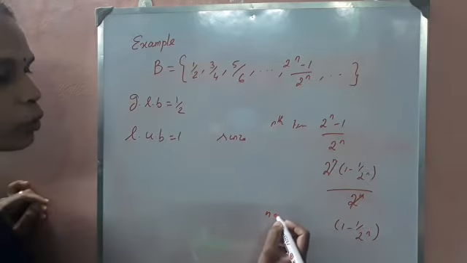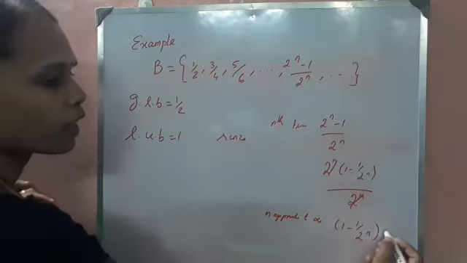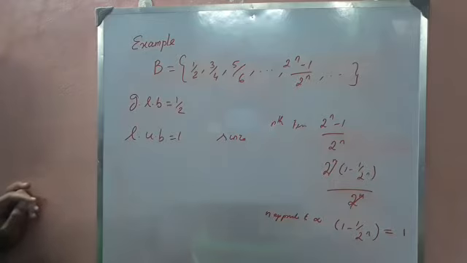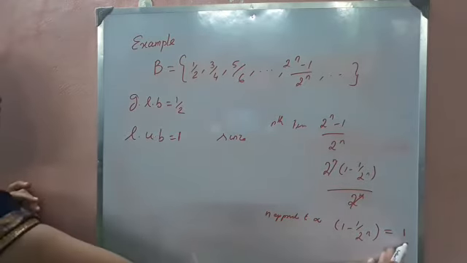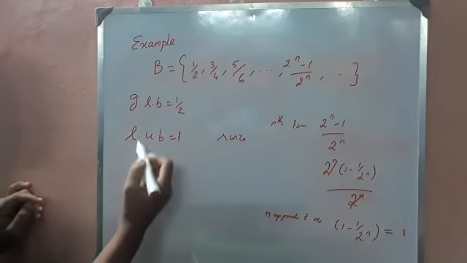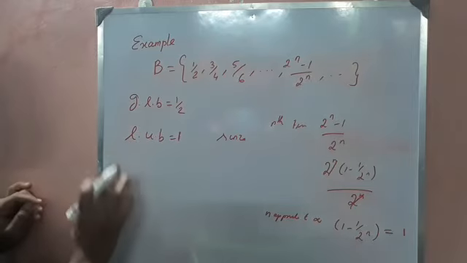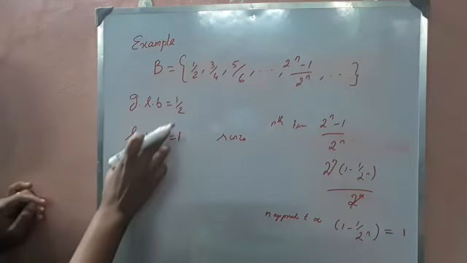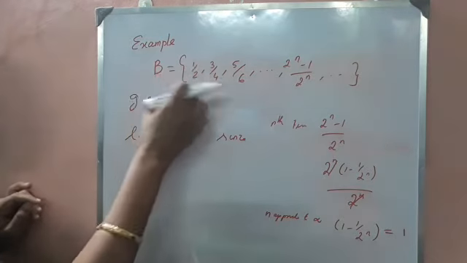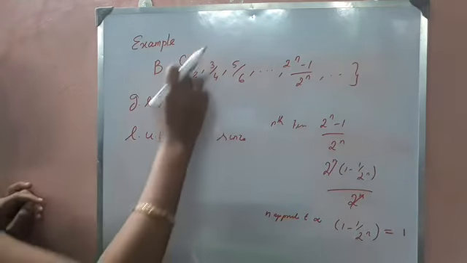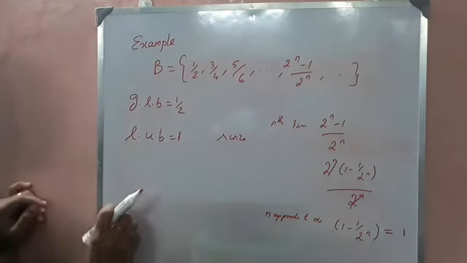When n approaches infinity, the value approaches 1, which is an upper bound for the set, so 1 is the least upper bound. Here the lower bound is inside the set, and the upper bound is not inside the set.